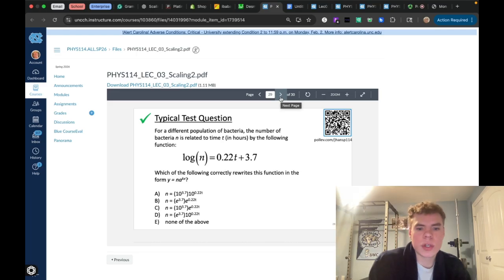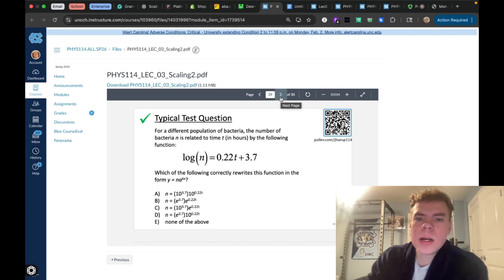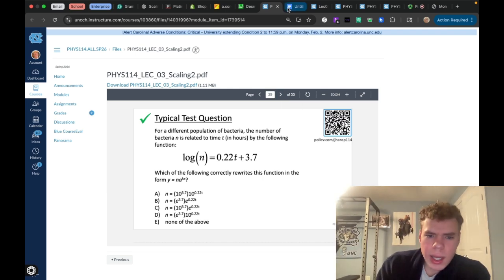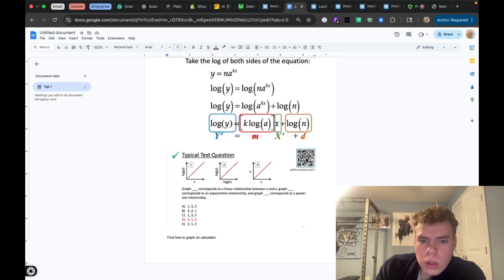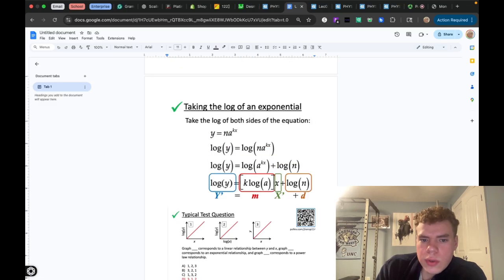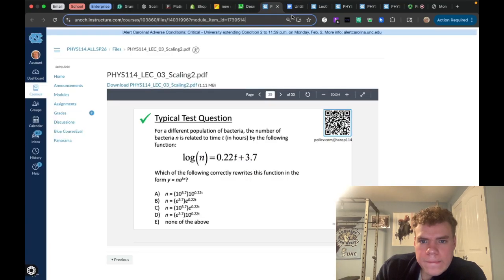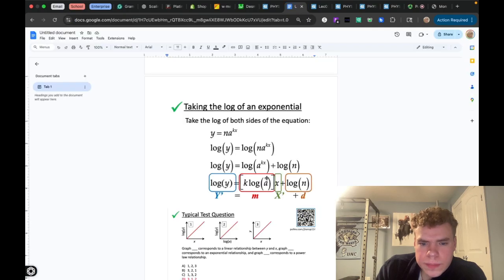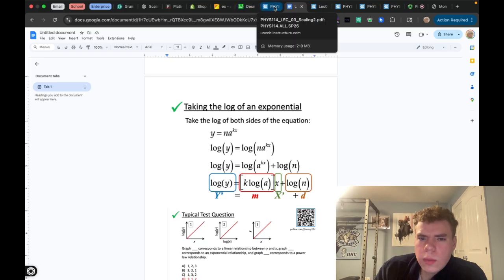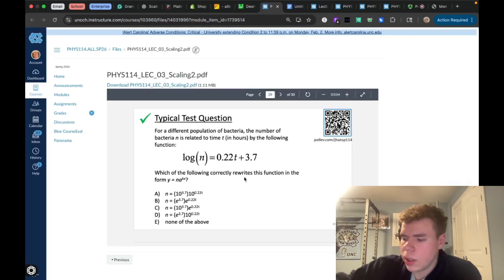All right, so let's go back to our handy formula sheet here. So we want to rewrite this logarithmic function into this one, right? So we can work in reverse order here.